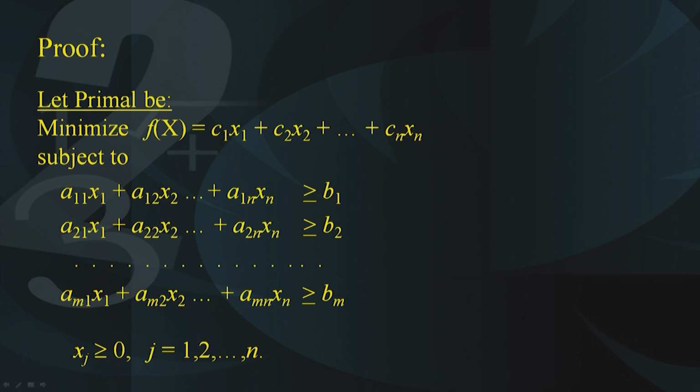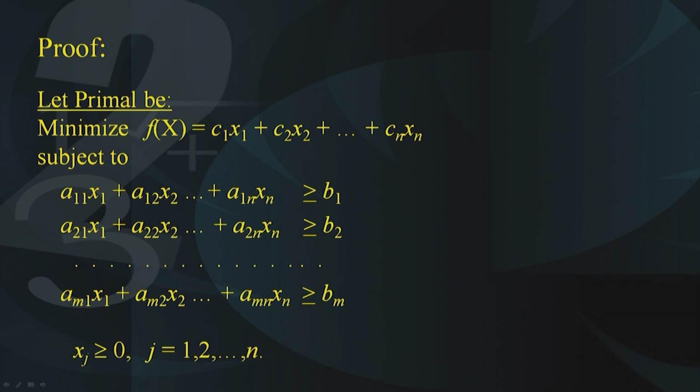Similarly, am1 x1 plus am2 x2 plus amn xn is greater than or equal to bm. All the xi's are greater than or equal to 0. So, this is the standard form of the primal, where the objective function is in the minimization type and the constraints are in the greater than type.